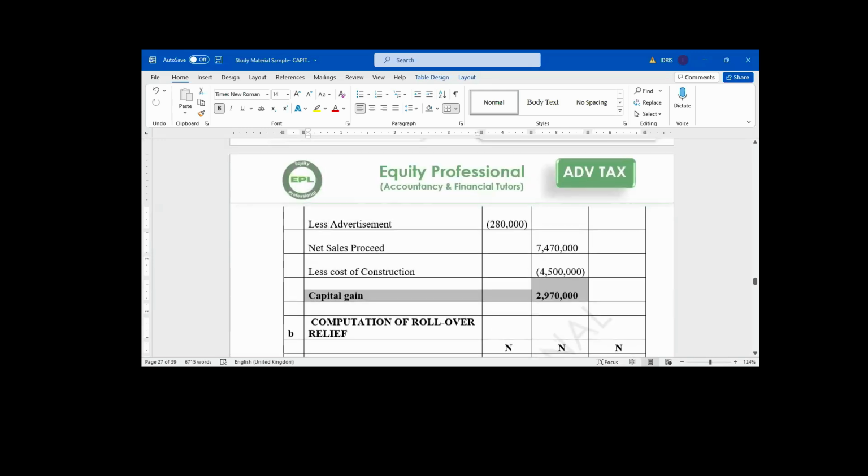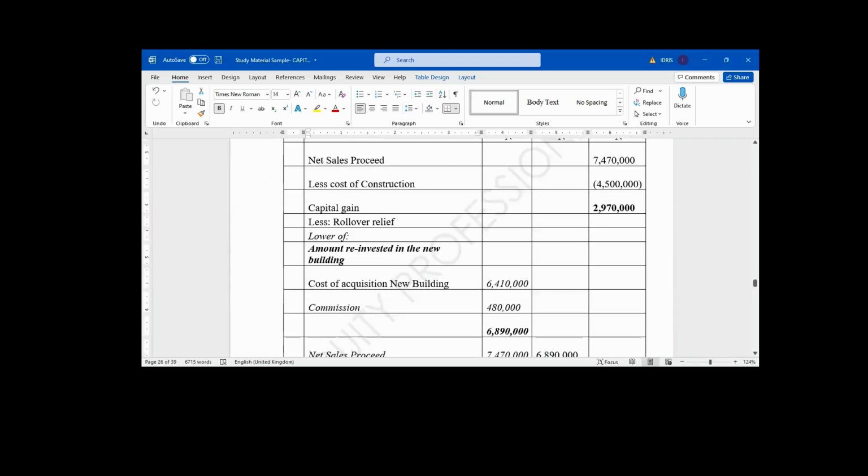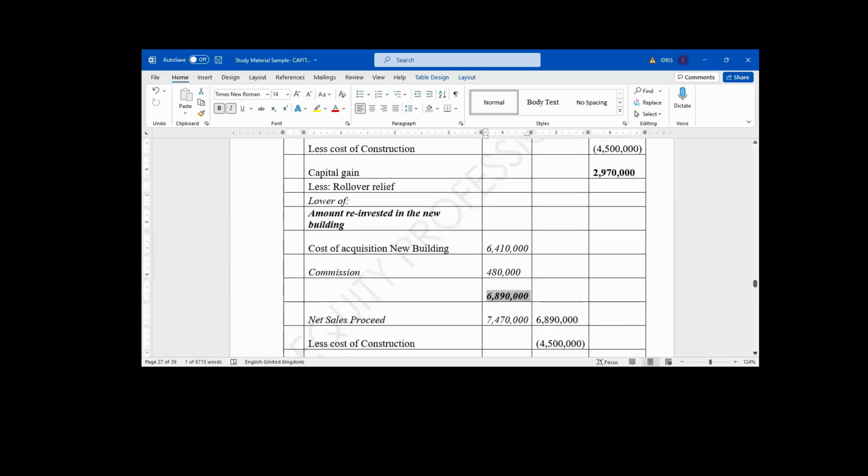How much was reinvested in the purchase of the new asset? 6,410,000 plus the lawyer's commission of 480,000. So your amount invested is the cost of acquisition of the new building plus the commission, which gives 6,890,000.